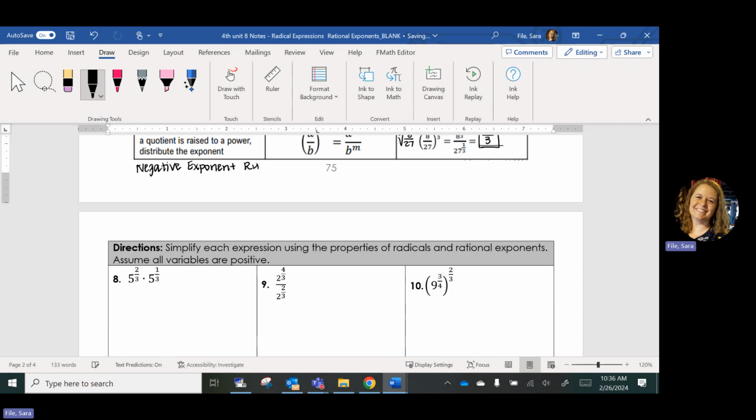So the negative exponent rule says if you have a negative exponent, so we'll use a and m again, but let's say our exponent is negative. We have a to the negative m. Does anybody remember how you can make that exponent positive? How you can change that m from negative to positive?